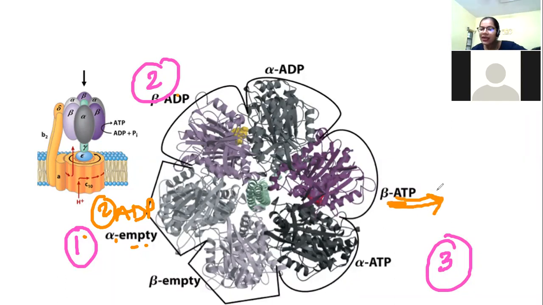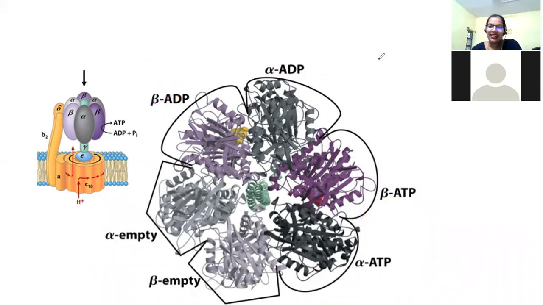The moment ATP is released, it becomes your first because it becomes empty. So empty, loose, tight. Tight means ATP is there. Loose means ADP is there. Empty means nothing is there. So your open becomes loose, loose becomes tight. All this rotates like this. Okay, is it clear, guys? Yes, ma'am.